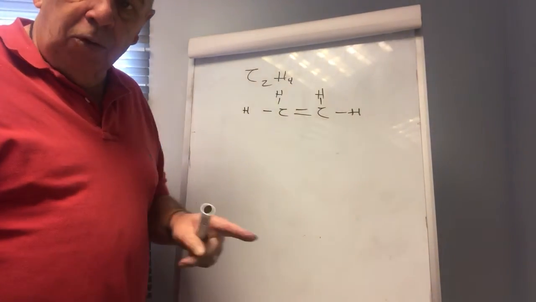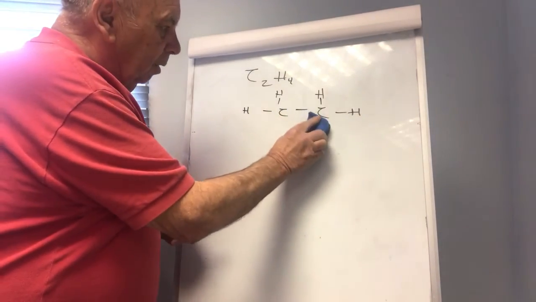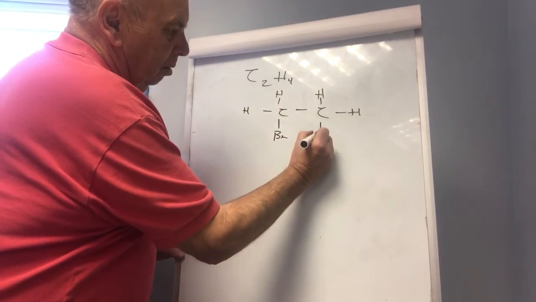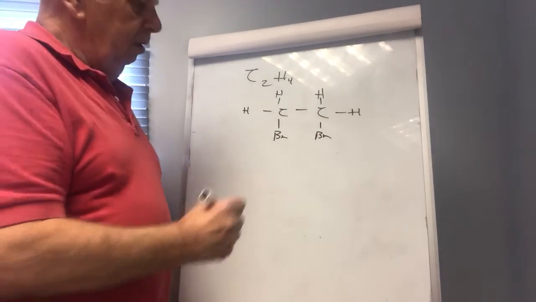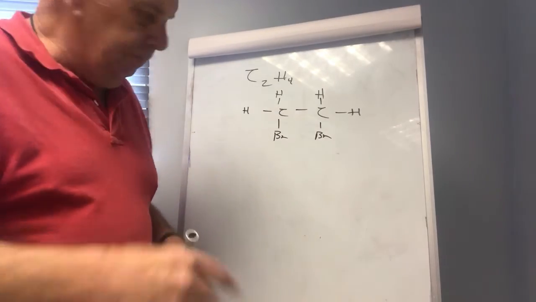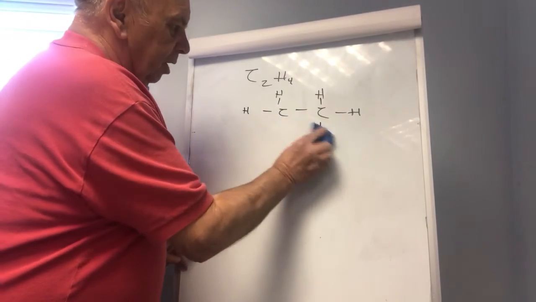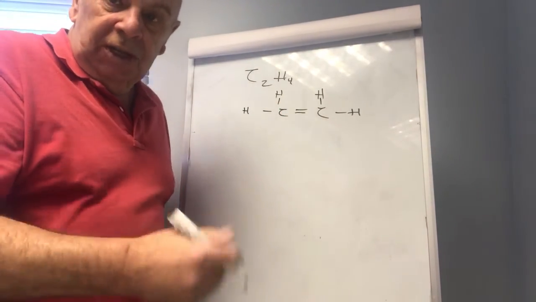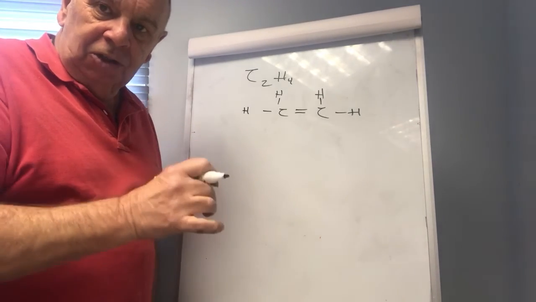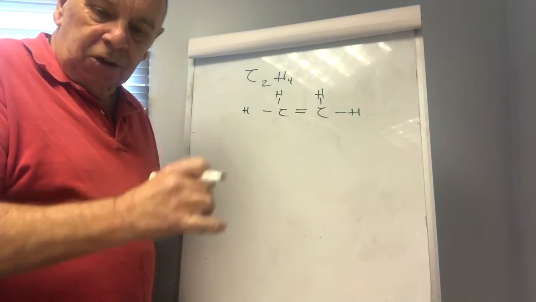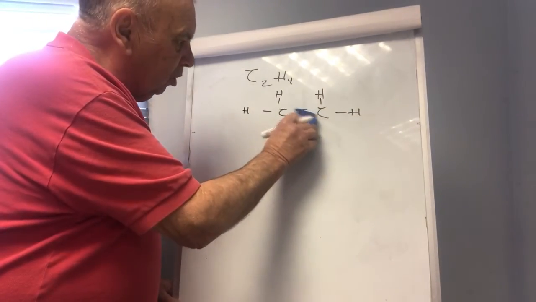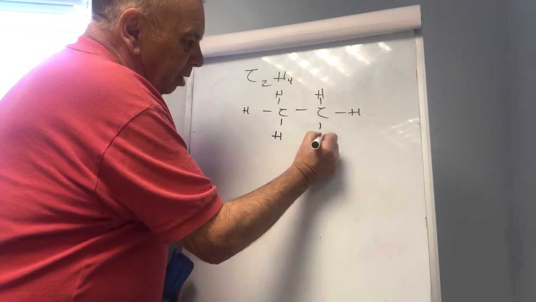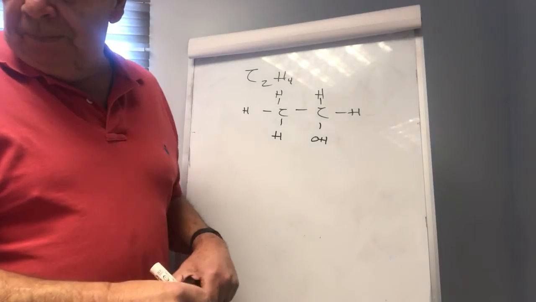For example, if I took bromine, it would add across that double bond there. Dibromoethane. Let's take another example. If I took water, H2O, water consists of a hydrogen and an OH, it would add across that double bond, an H there and an OH there, and it forms an alcohol.